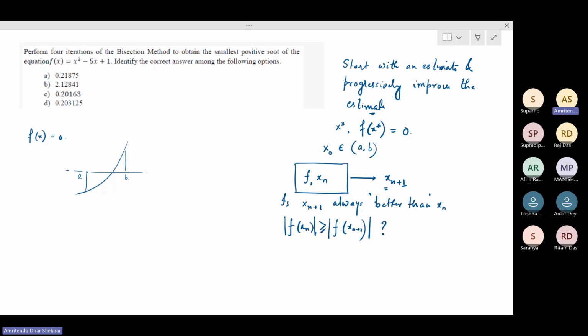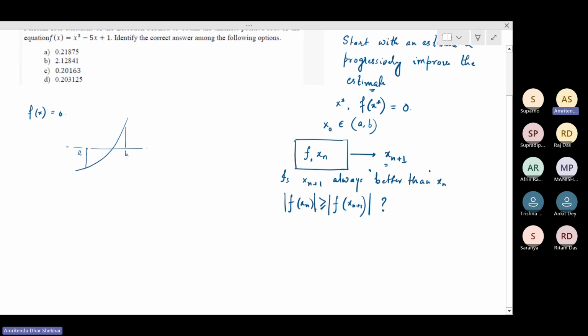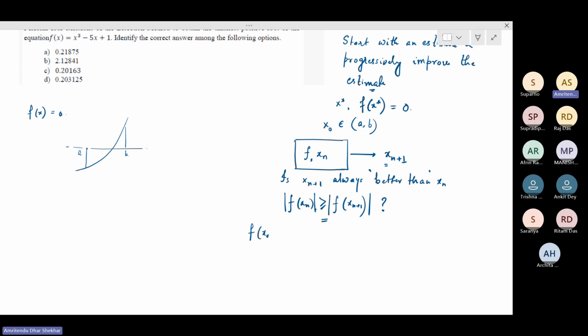Ideally, we want something like mod f of x0 to be greater than or equal to mod f of x1, and eventually as the number of iterations increases, this number f of xn should be as close as possible to zero. So it should become smaller than epsilon for any choice of epsilon, where epsilon is a small number.